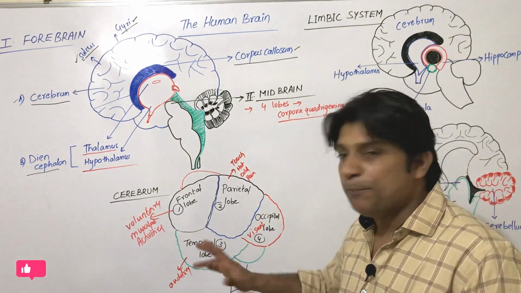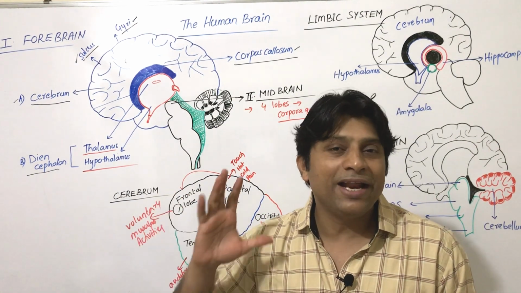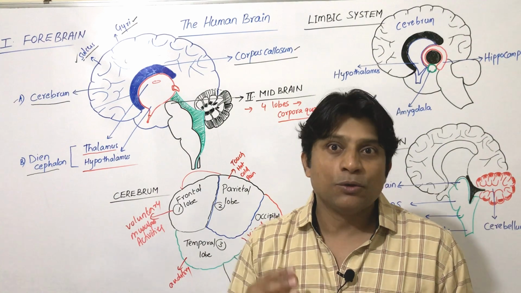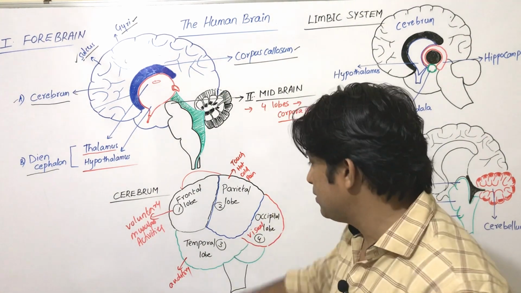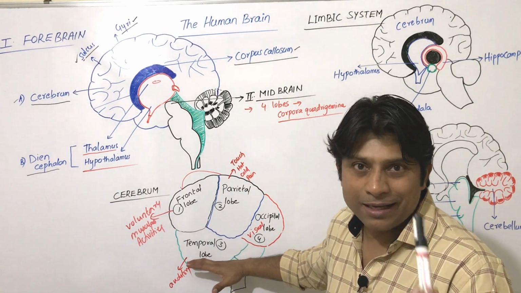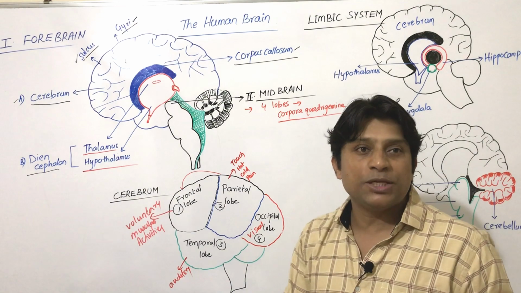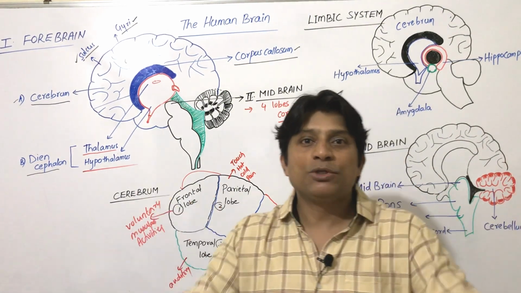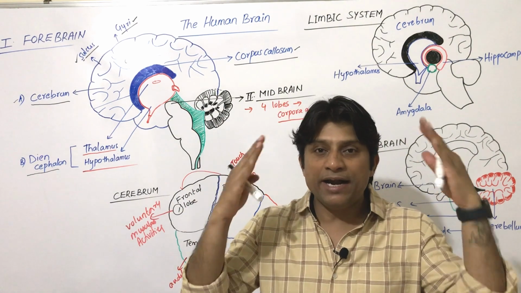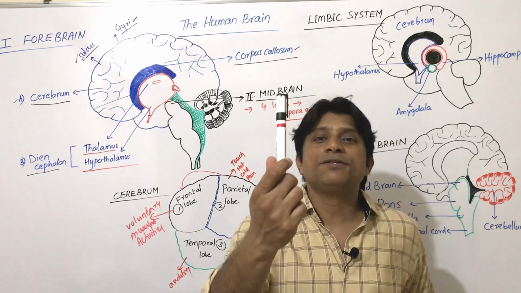Next, your temporal lobe is responsible for perceiving auditory reflexes, that is, what is being spoken. This coordination is done in the temporal lobe, whereas your occipital lobe is responsible for all the visual reflexes. When you see any object, you identify it. For example, if this is a marker and it is shown, you say yes, this is a marker.